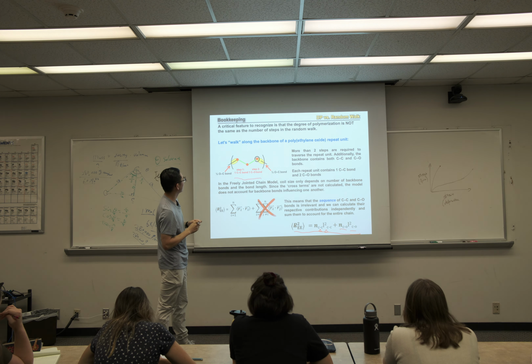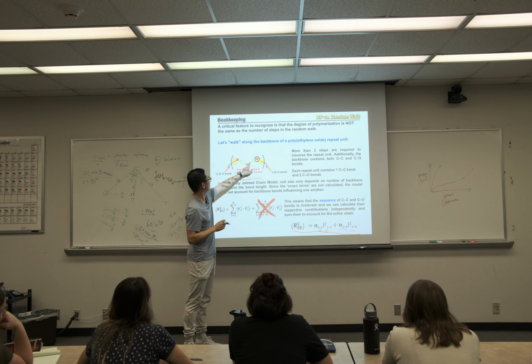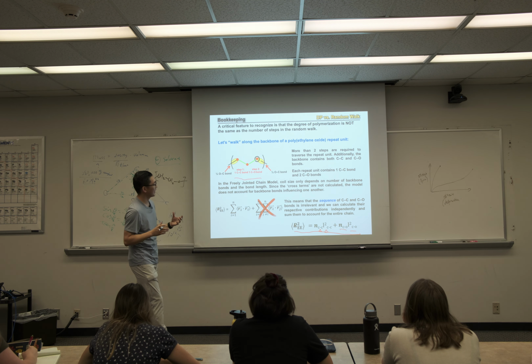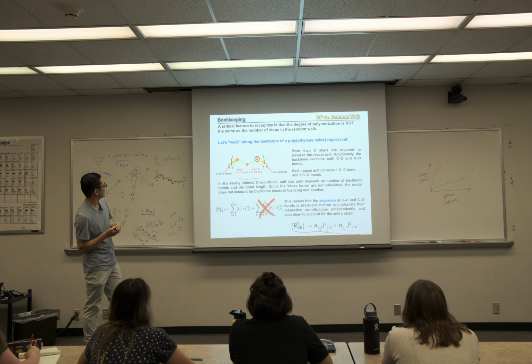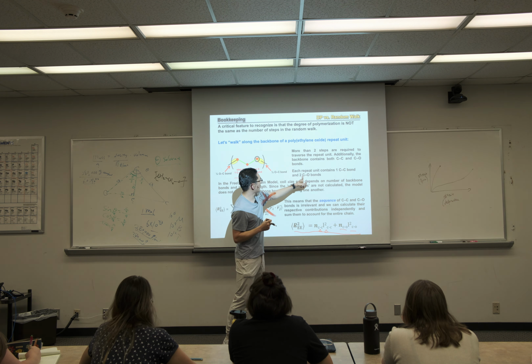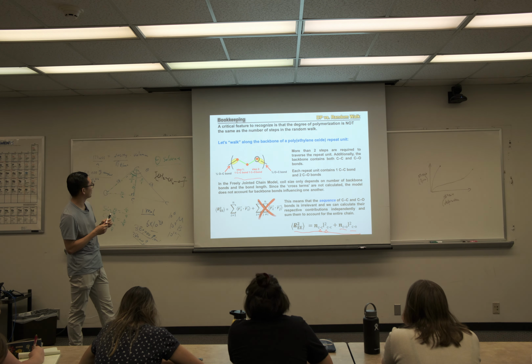So in the bracket you would have 1 carbon-carbon bond, 1 CO bond, and another half carbon-oxygen bond. Adding together, each repeating unit should have one carbon-carbon bond and two carbon-oxygen bonds. Okay?